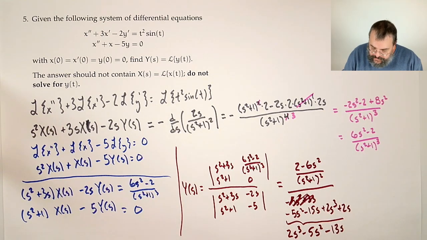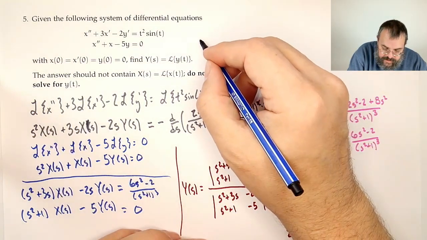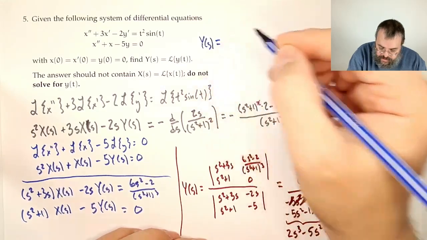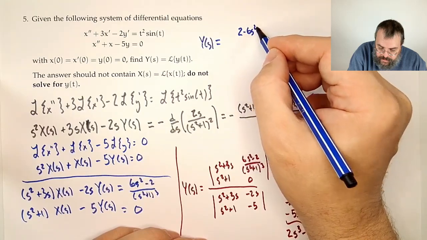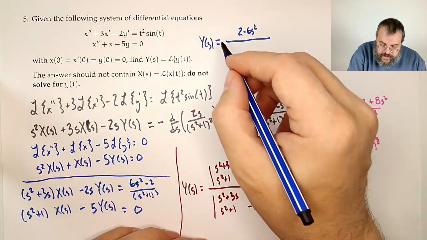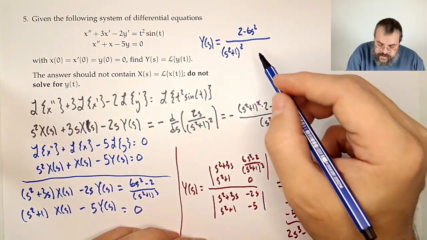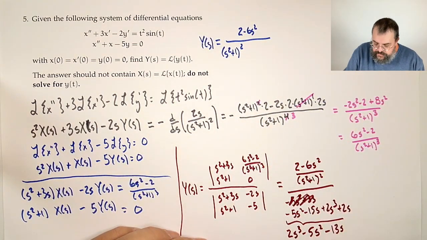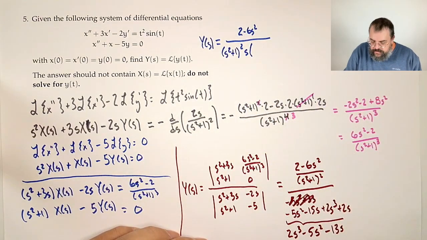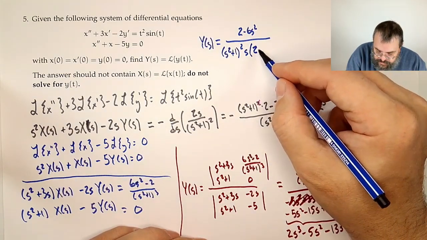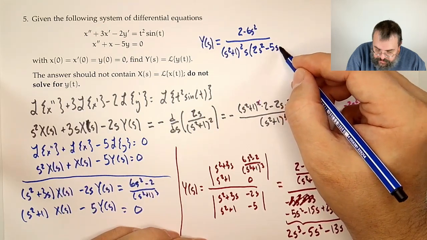And so our final answer, and I'll write up here just for space reasons, is we say that y of s will be 2 minus 6s squared over s squared plus 1 quantity squared times, if I wanted to, we could actually factor an s out. You don't need to, but I'll go ahead and do it just to make it look like I'm doing something fancy. s, and then we'll have 2s squared minus 5s minus 13.